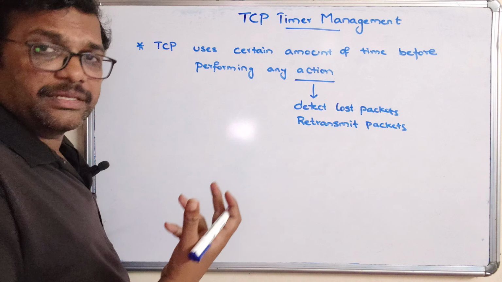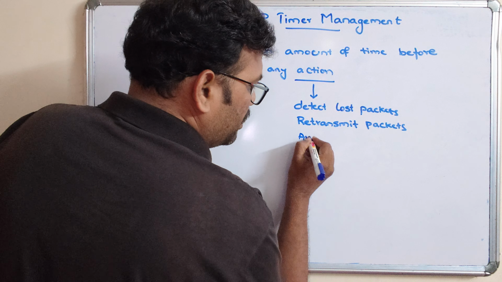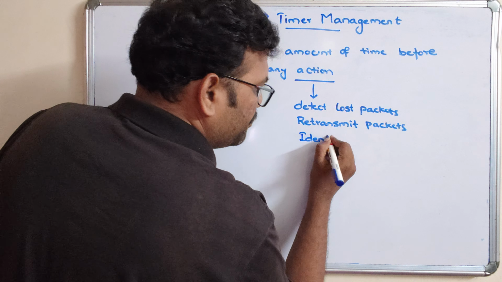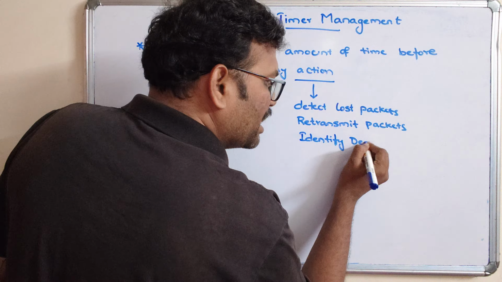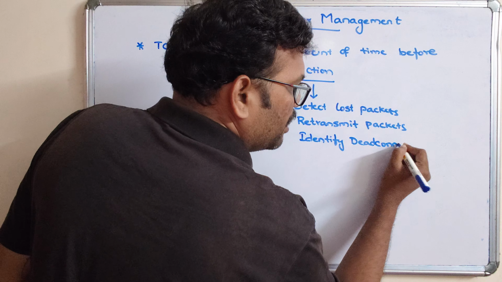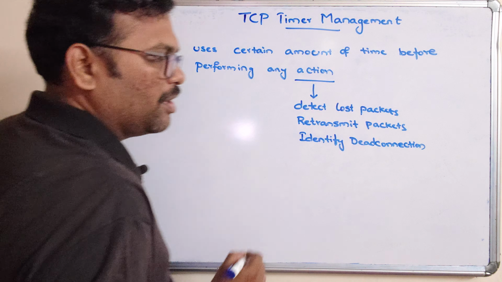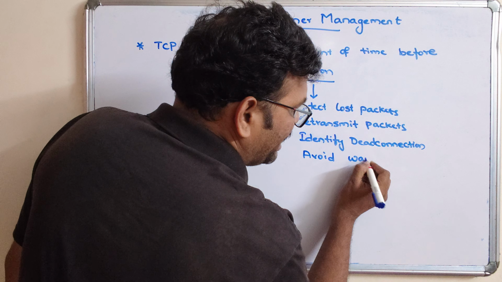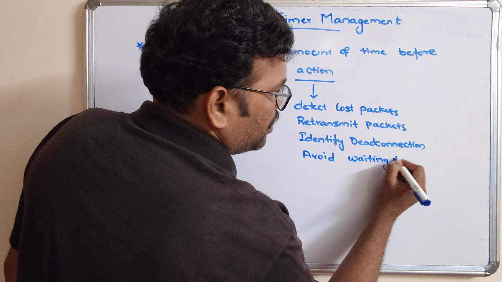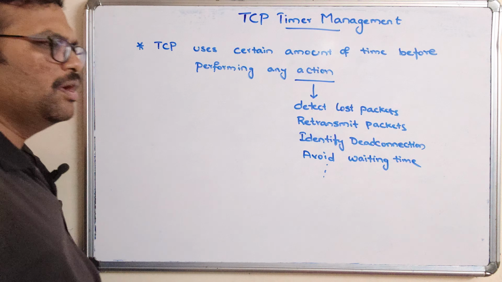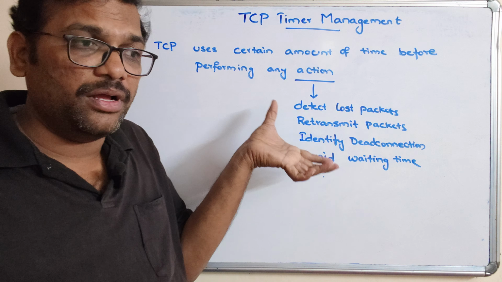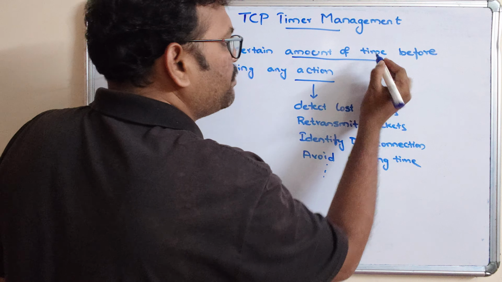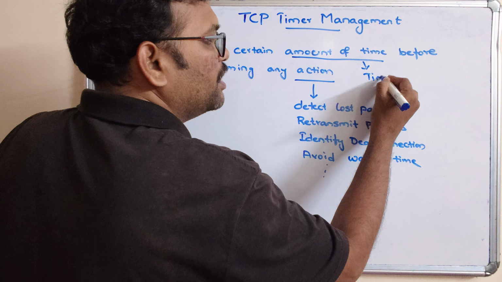Similarly, it can identify or detect a dead connection, and avoid continuous waiting time, etc. So before doing all these kinds of actions, it will spend some certain amount of time, which is done with the help of timers.